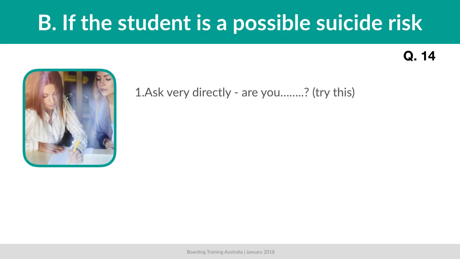People might think, if I ask them directly, am I actually putting this in their minds? Am I suggesting that they should be doing this? And the answer is no. We need to find out, are they thinking about doing this? You need to be careful the way you do that. You don't say, you're not thinking of doing something stupid, are you? Because then they're just going to say no. We need to ask them very directly, are you thinking about taking your own life?